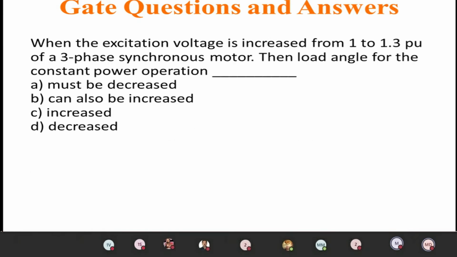Then, when the excitation voltage of a three-phase synchronous motor increases from 1 to 1.3 per unit, the load angle for constant power operation must be decreased, can also be increased, decreased. So we know that EF sin del is to be maintained constant. So if the excitation voltage increases, then the load angle must be decreased.